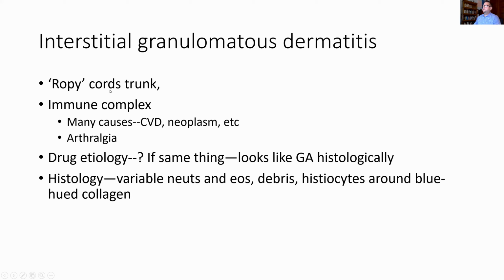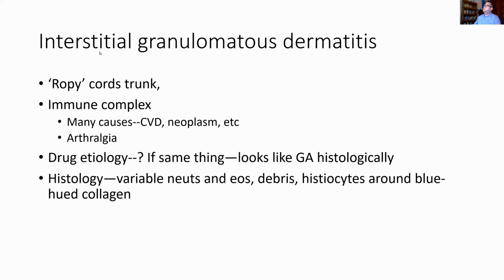Ropey cords on the lateral trunk is the clinical presentation. It's probably an immune complex deposition process, and so there are many causes that produce this: collagen vascular disease, neoplasms, others. And because there's immune complex deposition, the patients almost always have arthralgias.